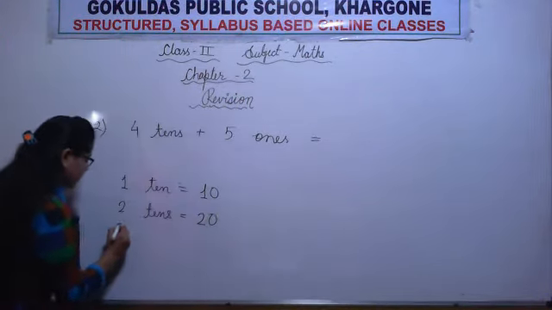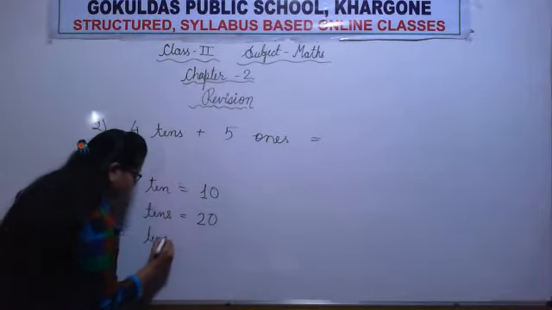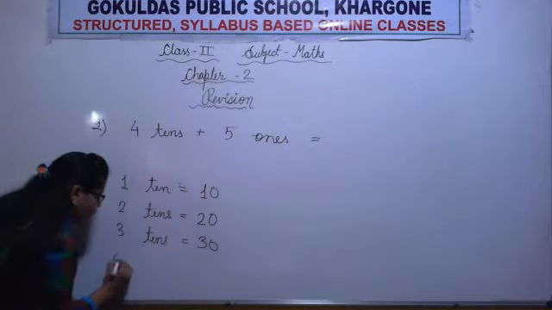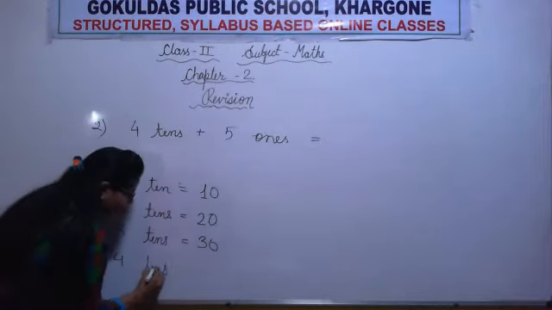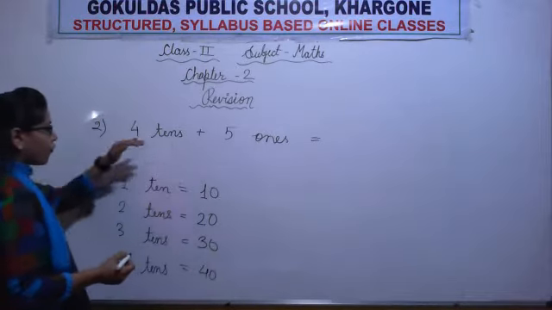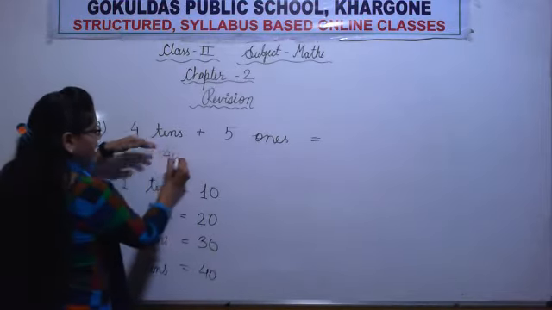Very good. 3 tens is equal to 30, and 4 tens is equal to 40. Yes. So 4 tens means 40.